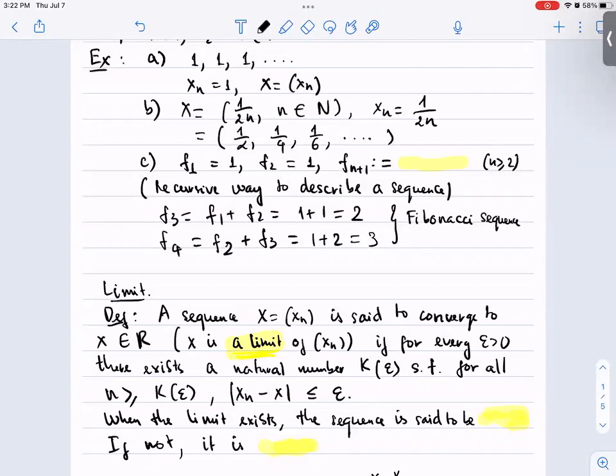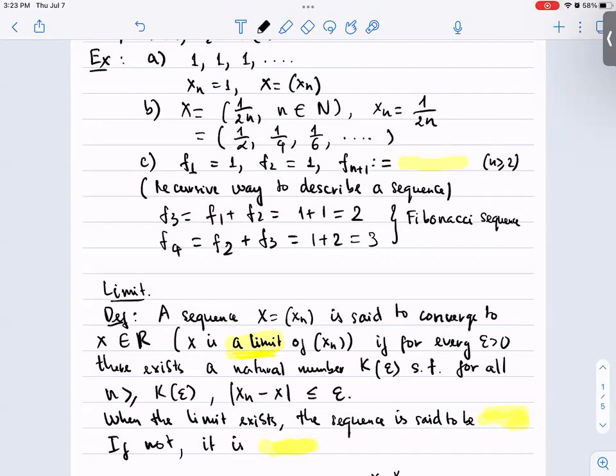X here is a sequence of 1 over 2n with n a natural number, an element in the set of all natural numbers, capital N. Then xn in this case is equal to 1 over 2n. That is, the sequence is basically the list of numbers 1/2, 1/4, 1/6, and so on.